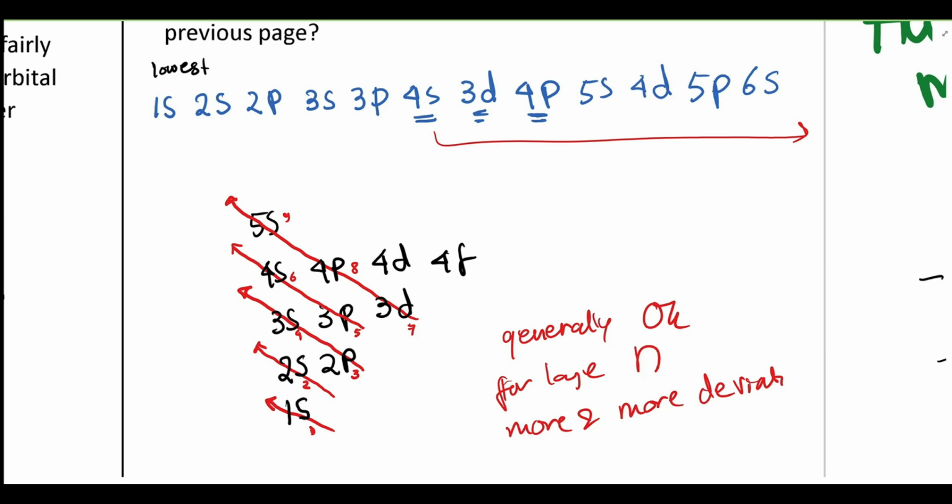Majority of the time, the 4s is going to be lower in energy, but sometimes it's going to switch. So it's murky. There's a bit of murkiness where they kind of just merge together. So it's true the majority of the time, and that's because we don't actually solve it mathematically. Rather, we're just looking at the trend. So sometimes we just have to be satisfied with it being true the majority of the time.